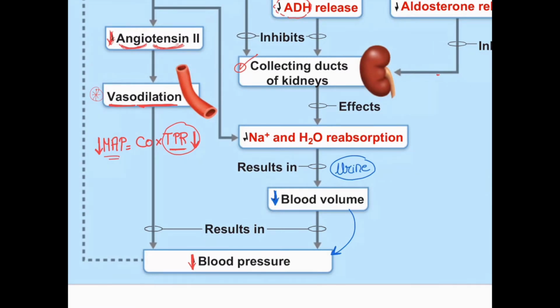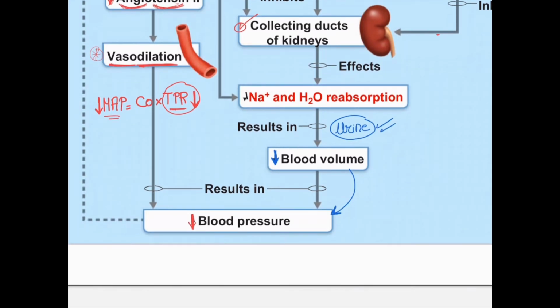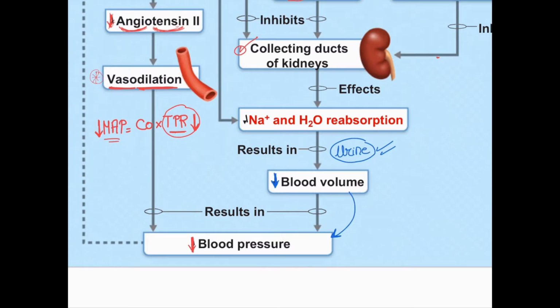Not reabsorbing the water back into the vessels, this means that this water will pass to the outside of the body in the urine, and as a result I will get a reduction in my blood volume. This reduction in the blood volume will directly cause a reduction in the blood pressure.